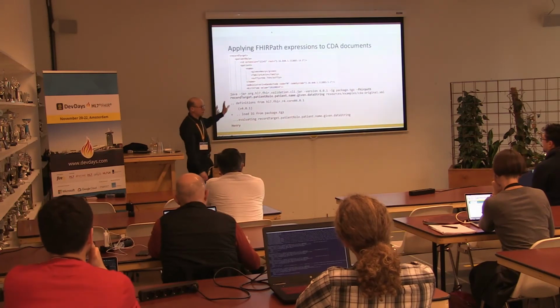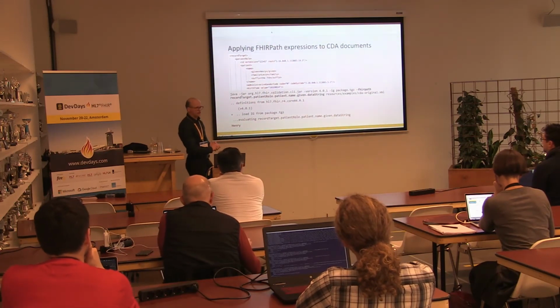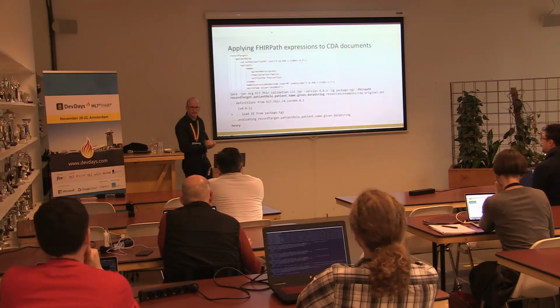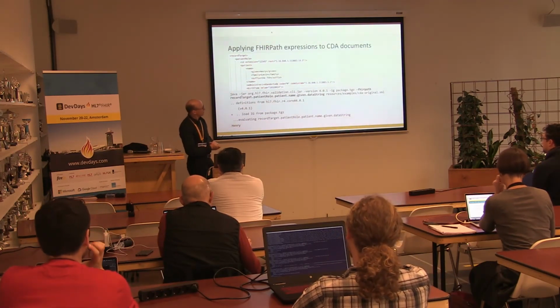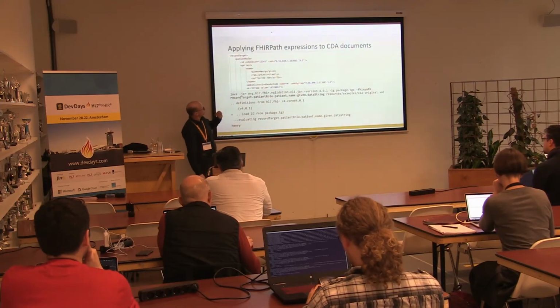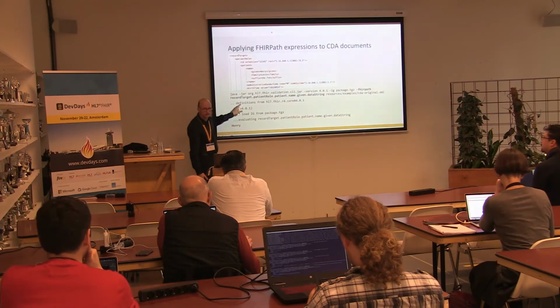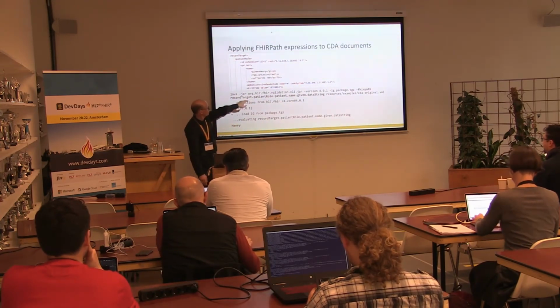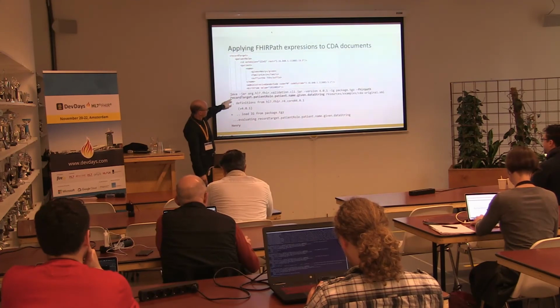You can do very complicated FHIRPath expressions. There is, I think, a session this afternoon, if anybody is interested, at 2 o'clock. But what you can do now is not only do this on JSON, but with the validator, you can execute it with this operation on a CDA document.